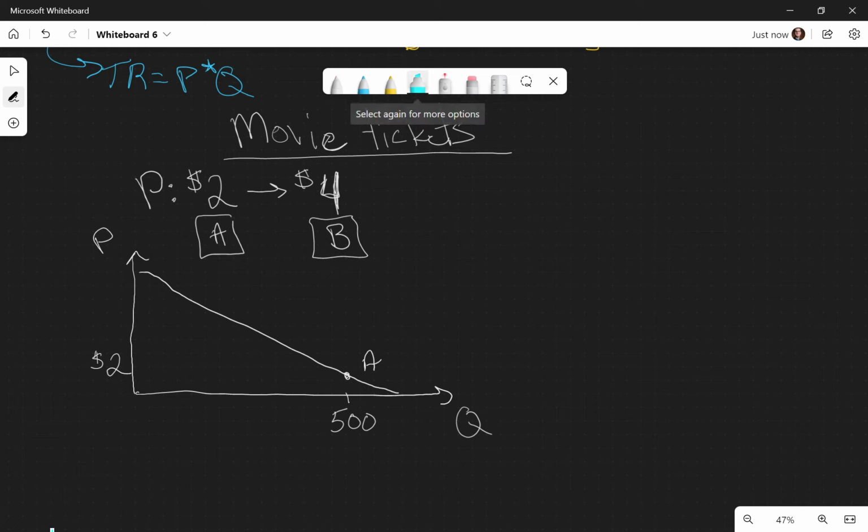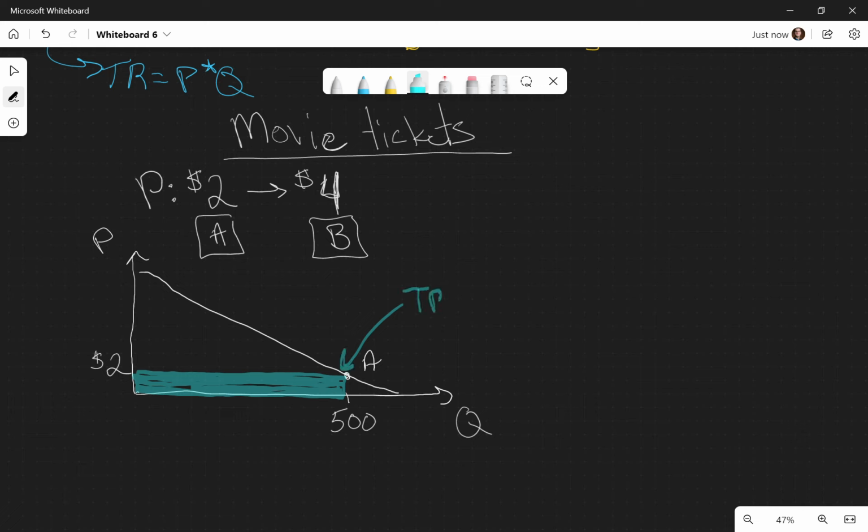So if we were to create a rectangle that represents the area of total revenue, it would look like this, right?